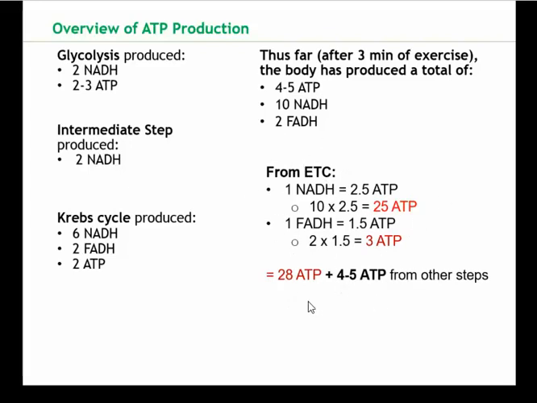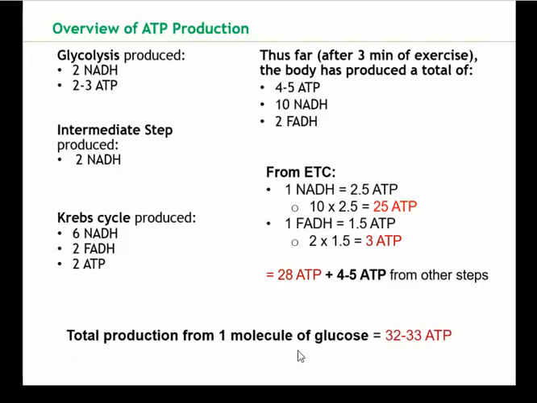But we have to add the 4 to 5 ATP that we got from those other steps. So when we add that together, we get a total of 32 ATP if we use glucose and 33 ATP if we use glycogen for that total production. So one molecule of each of those will equal that much ATP.